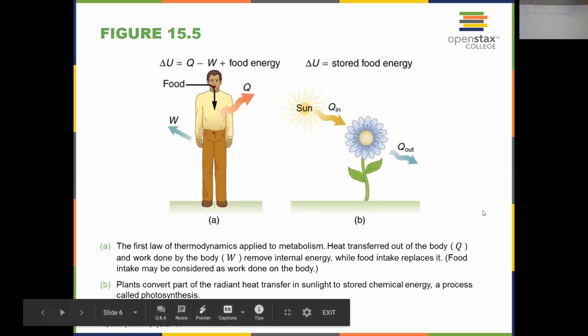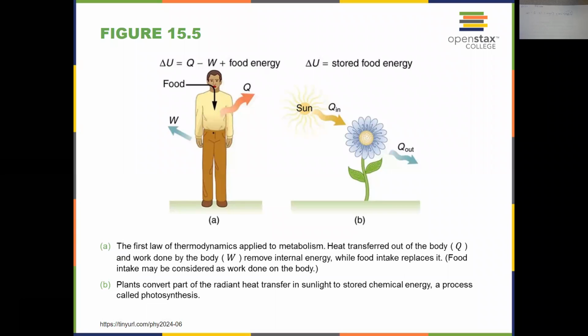For biological bodies, the first law of thermodynamics also applies, which means energy conservation. For our body, the change in internal energy is equal to the heat. If our body temperature is higher than the surroundings, then we give out net heat.